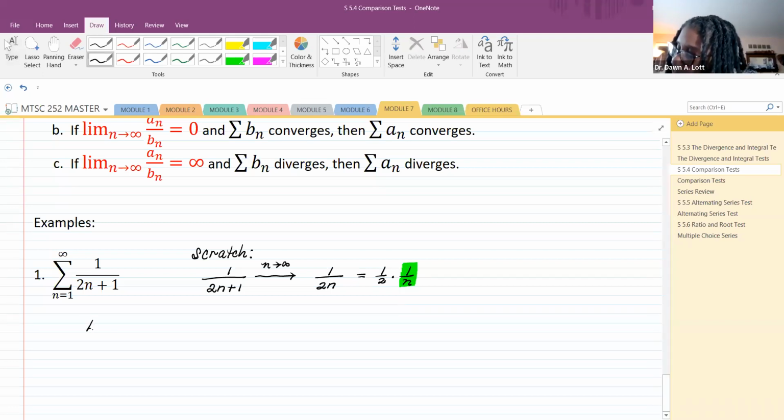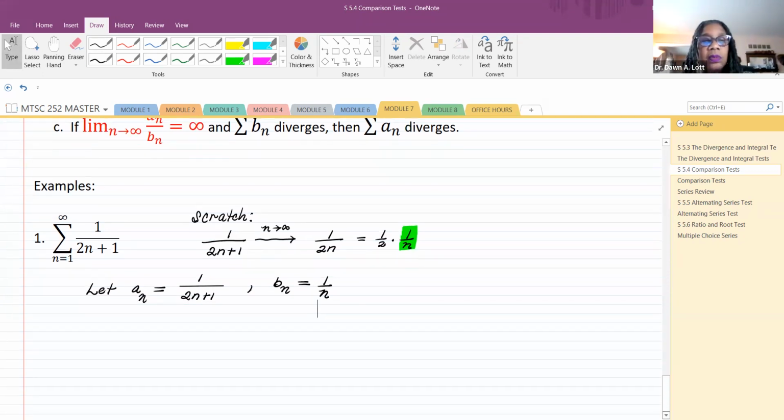So now I'm going to let my an be 1 over 2n plus 1. And I'm going to let my bn just be 1 over n. Okay. So now by this limit comparison test, we're going to look at the limit as n goes to infinity of an over bn.